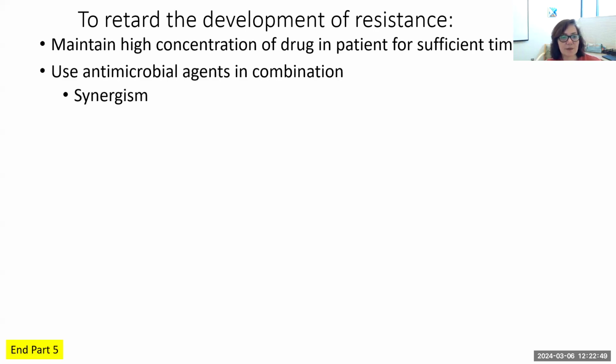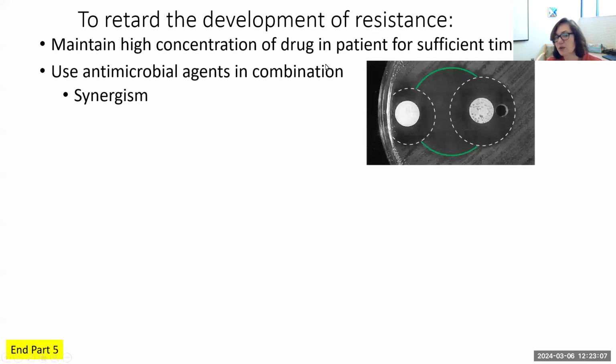We can use antimicrobial agents in combination. So maybe this microbe has a little bit of resistance to this drug and maybe a little bit of resistance to this drug, but when combined together, it cannot fight those two antimicrobial agents together. This is referred to as synergism, and I have an image to show you. This is a Kirby-Bauer plate showing bacterial lawn.